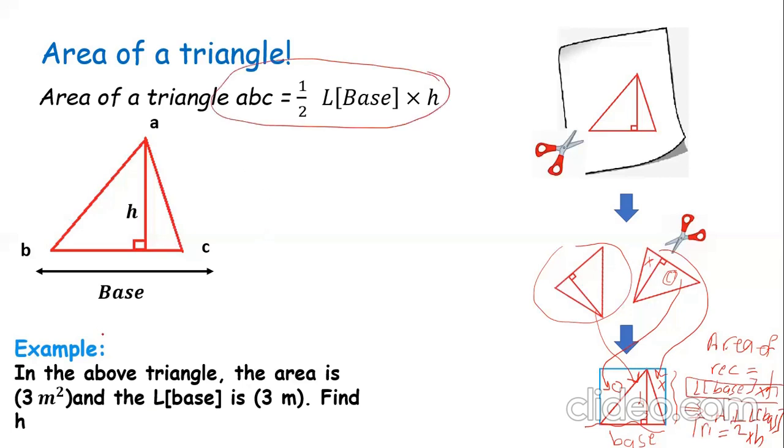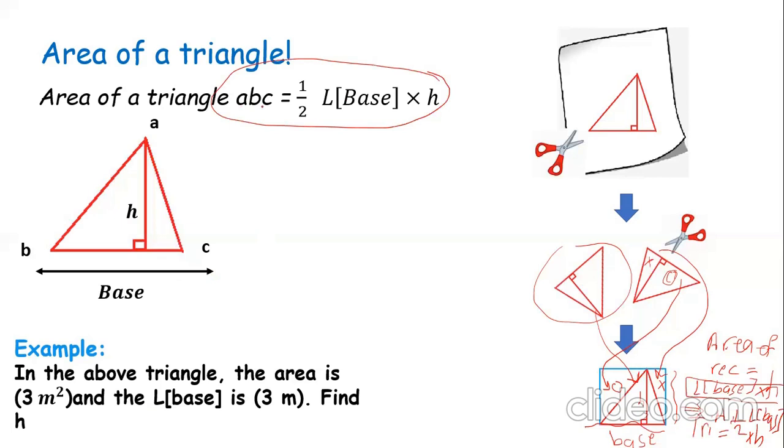Now let's take a simple test. In the above triangle ABC, the area is 3 square meters and the length of the base is 3 meters. Find h, which is the height or the altitude of the triangle.